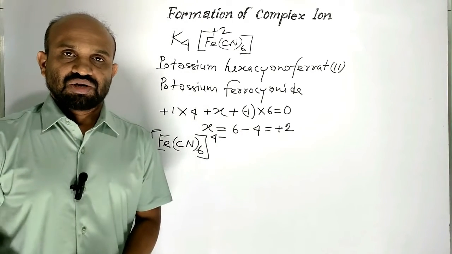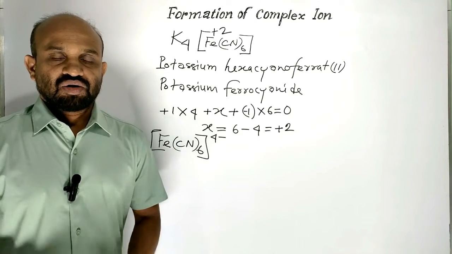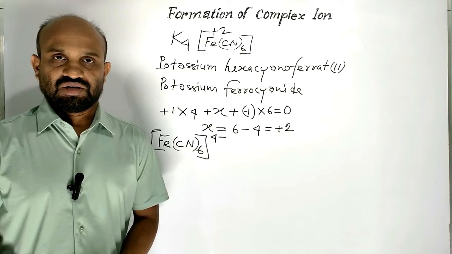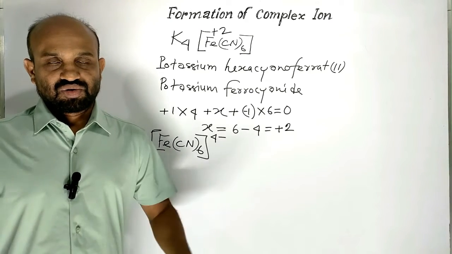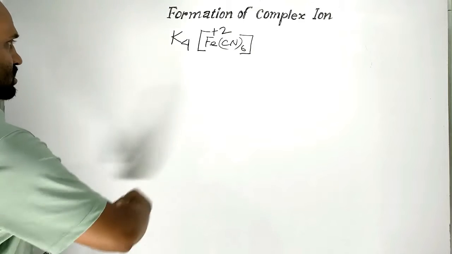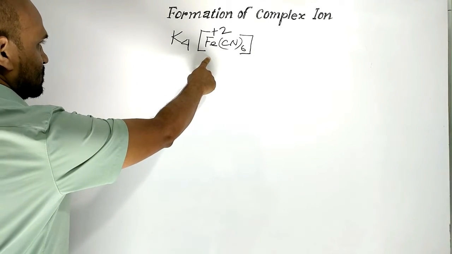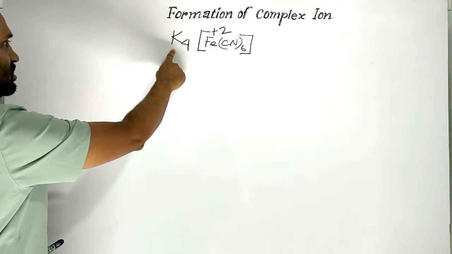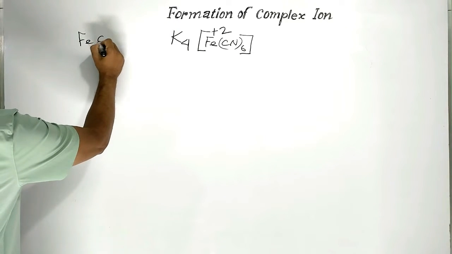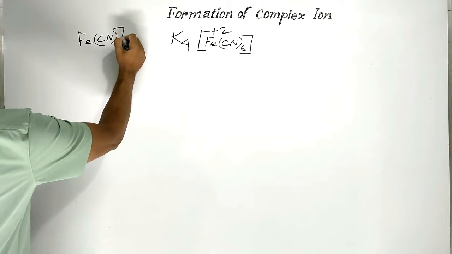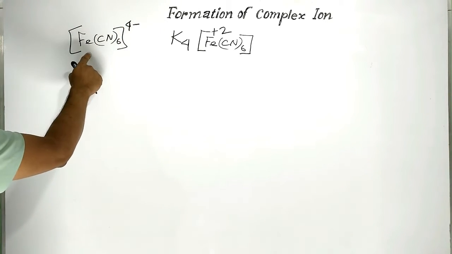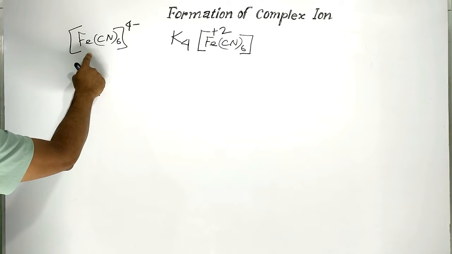In this lesson we are going to learn formation of this ion, formation of hexacyanoferrate 2 ion. So let's go to the detail. In the salt of potassium, the complex ion is this hexacyanoferrate 2 ion.